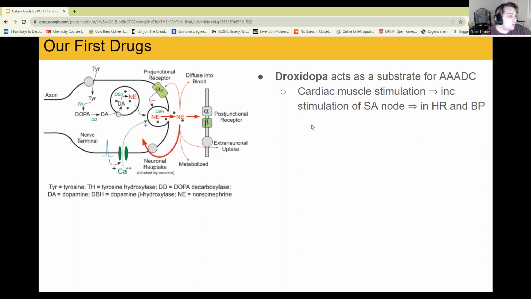So what is essentially happening with droxidopa is that we administer it specifically as a precursor molecule. Droxidopa is a precursor that we expect to get metabolized into dopamine, which then gets metabolized into norepi.